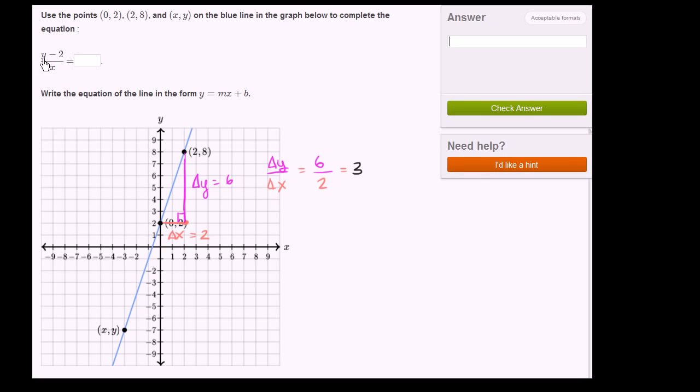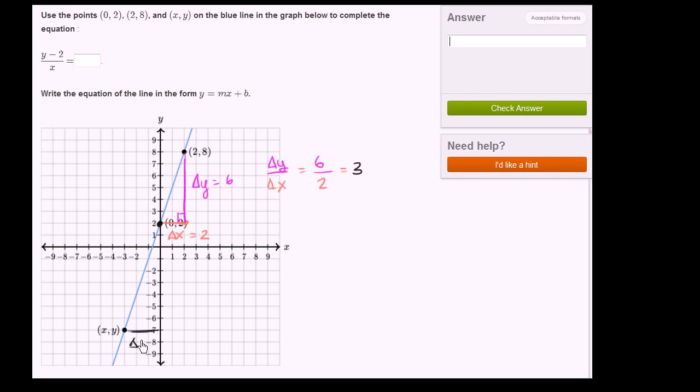So for example, when you're looking at this right over here, (y - 2) over x, let's think about it a little bit more. If I were to go from the point (x, y) to the point right here, which is the point (0, 2), what would my change in x be?